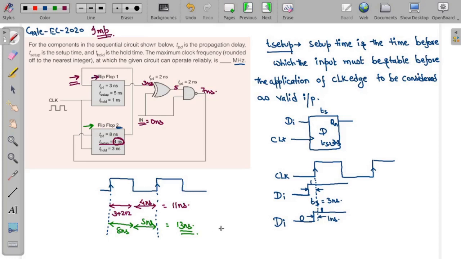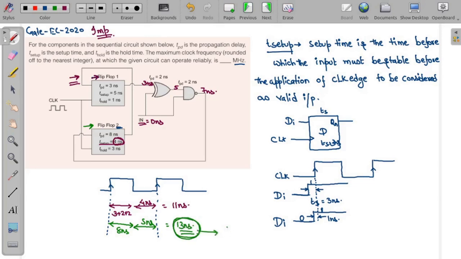If we need the maximum clock frequency, here we are getting 13 nanoseconds, and here we have 11 nanoseconds. So the worst case delay is in this second case.